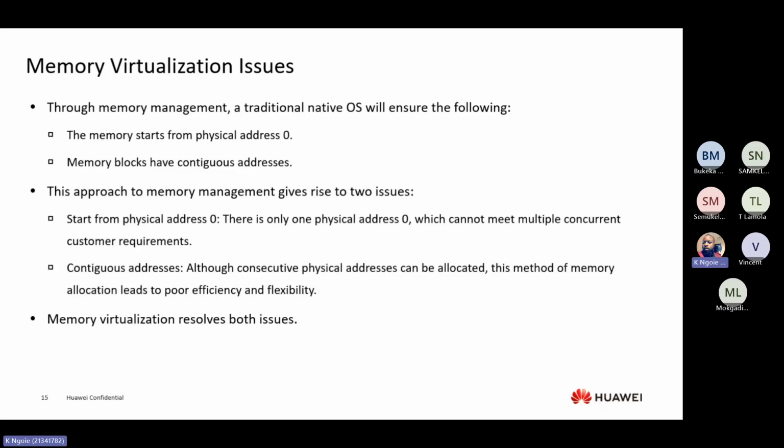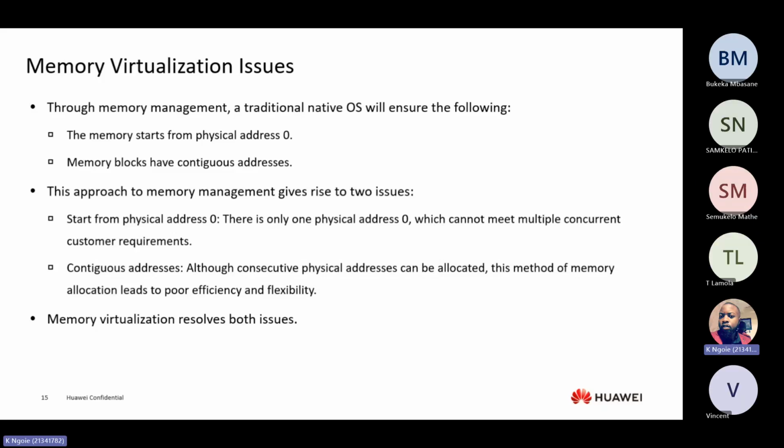Basically, we have virtual addresses per virtual machine. Each virtual machine believes that it starts from 0. But in reality, the hypervisor, which is the software that creates virtual machines, or the VMM, the virtual machine monitor, will map these virtual addresses to different physical locations on the host.